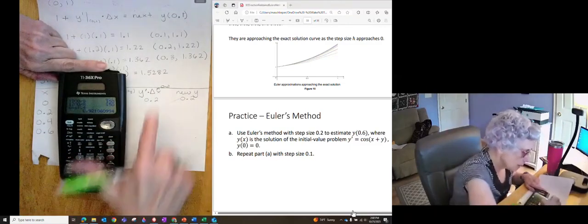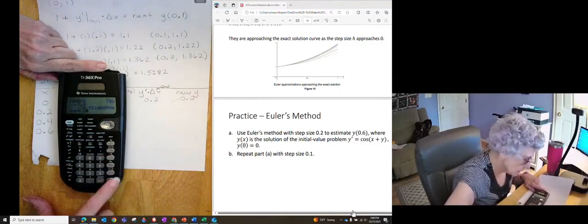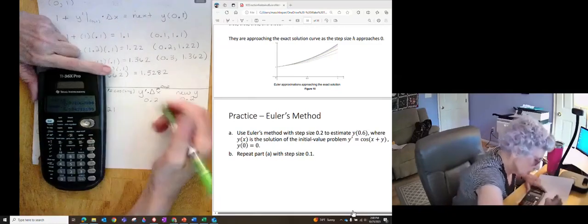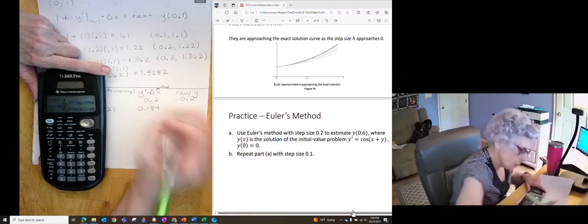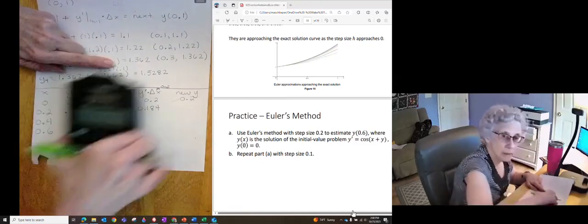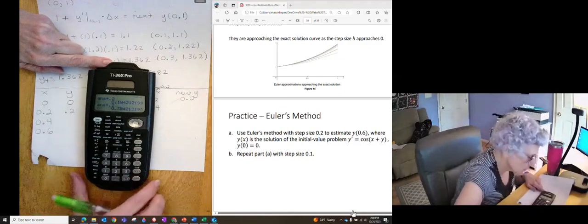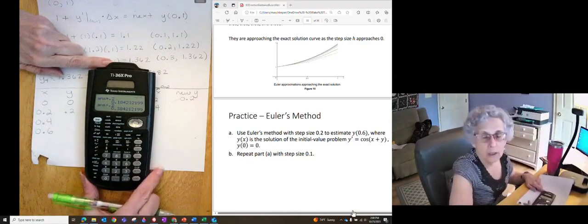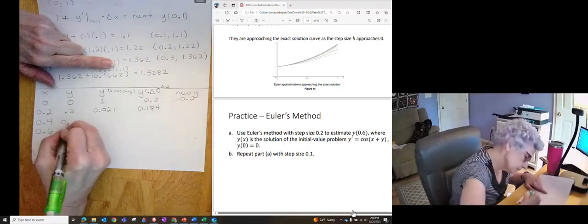And then I multiplied that by my delta x, so times 0.2, which gives me 0.184 plus my old y, which was 0.2. So my new y is about 0.384.